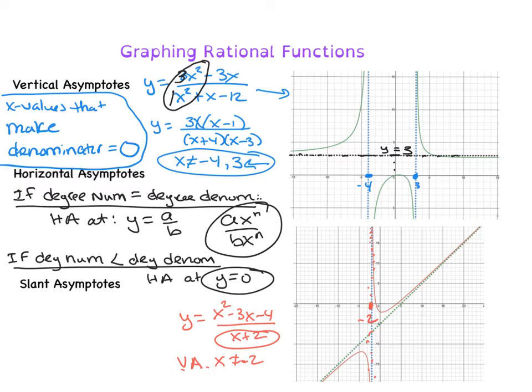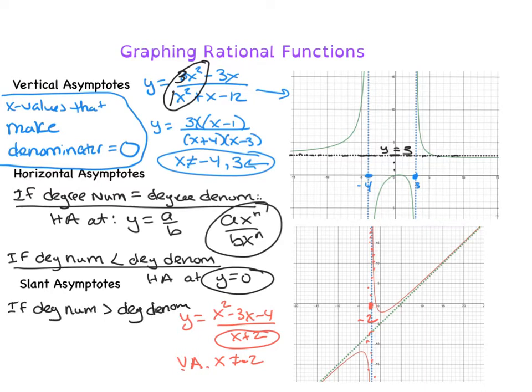Slant asymptotes occur in this case. If the degree of the numerator is bigger than the degree of the denominator, so the opposite of the previous case, like in this one right here, let me erase this just a little bit.